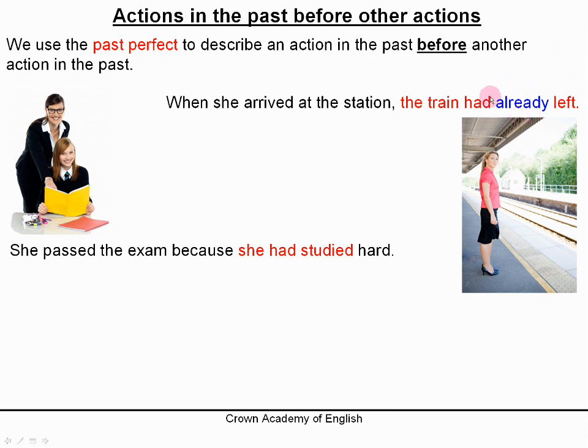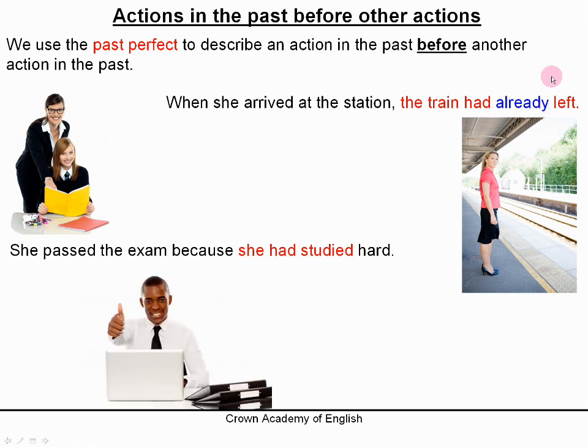It is between had and the main verb. Okay? So first the train left, then she arrived at the station. The train had already left. Past perfect. Mark was happy because he had found a new job. He had found. The past perfect.